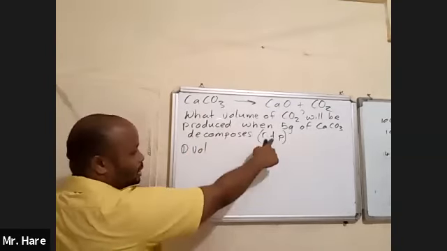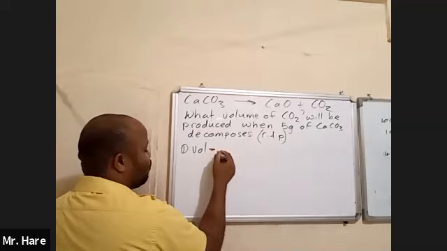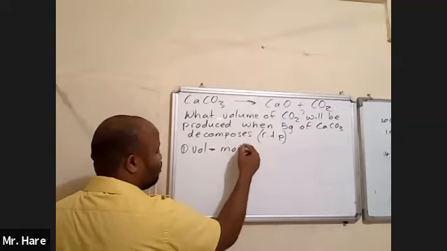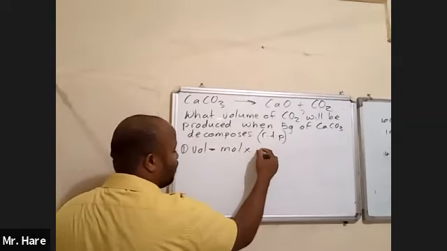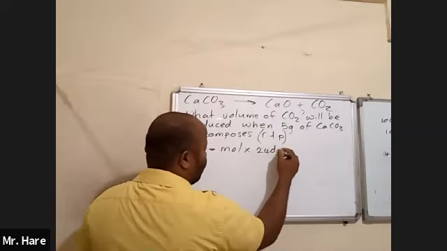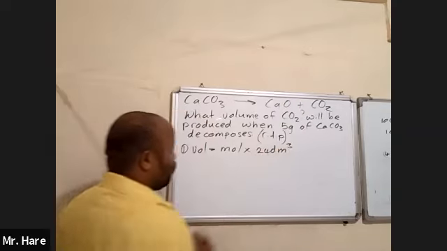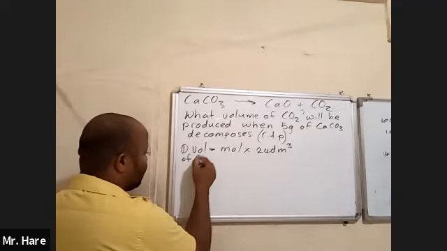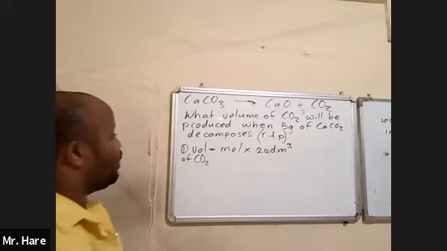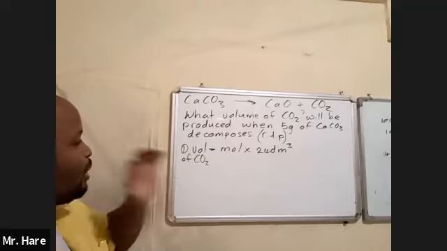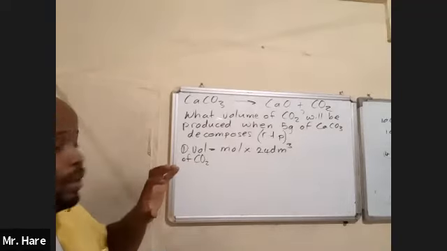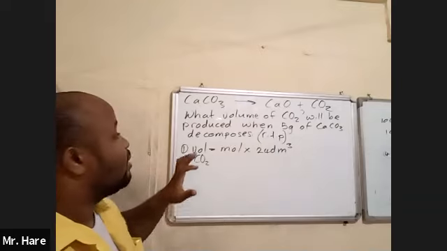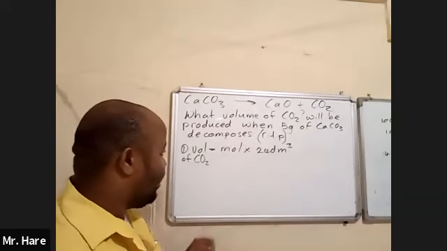It is at RTP, so we know that volume is equal to mole times RTP, which is 24 dm cubed. And we want the volume of CO2. But in the question, the only thing given is 5 grams.